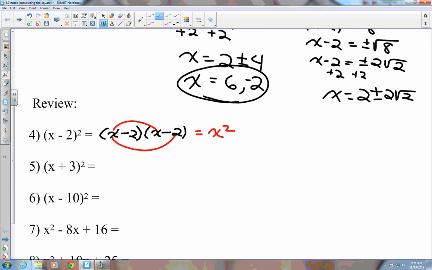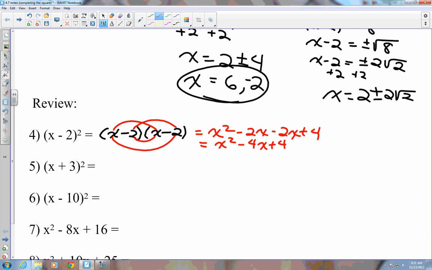Outer terms, x times negative 2 is minus 2x. Inner terms, negative 2 times x is negative 2x. And last terms, negative 2 times negative 2 is plus 4. Combine like terms and I get x squared minus 4x plus 4. Okay? Should look pretty familiar.